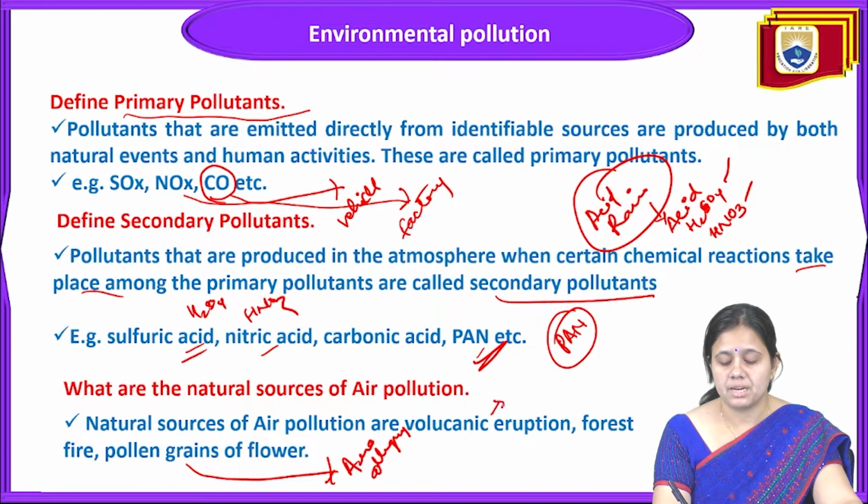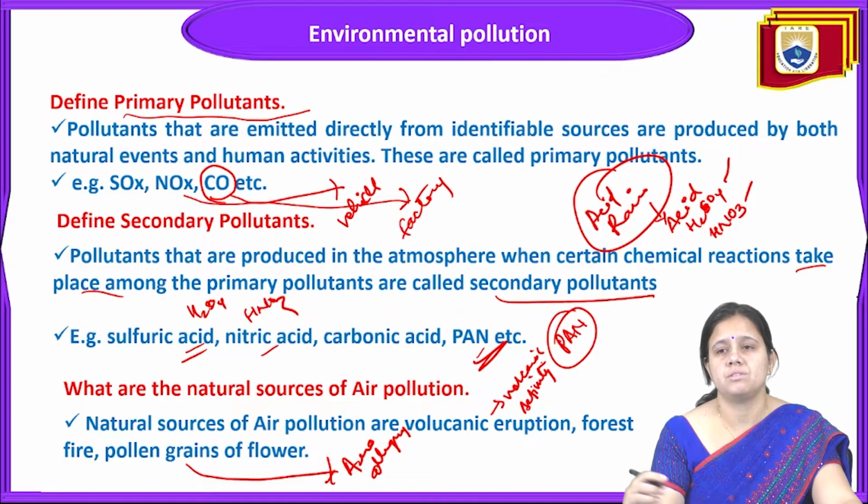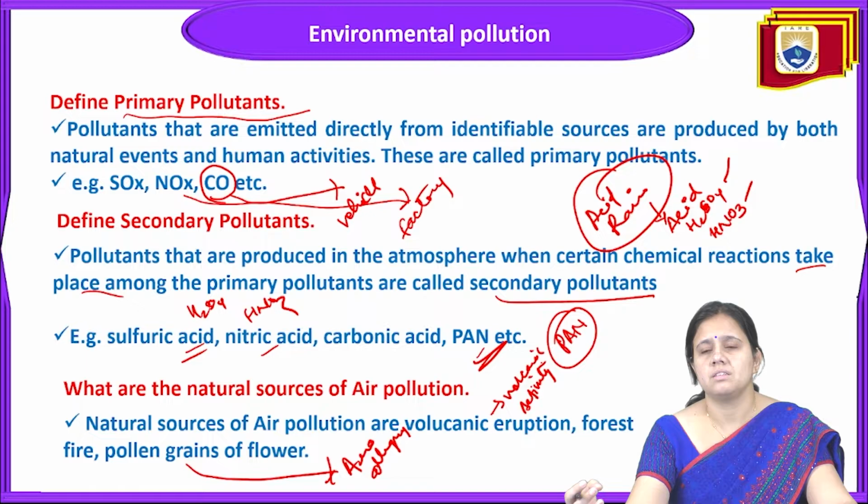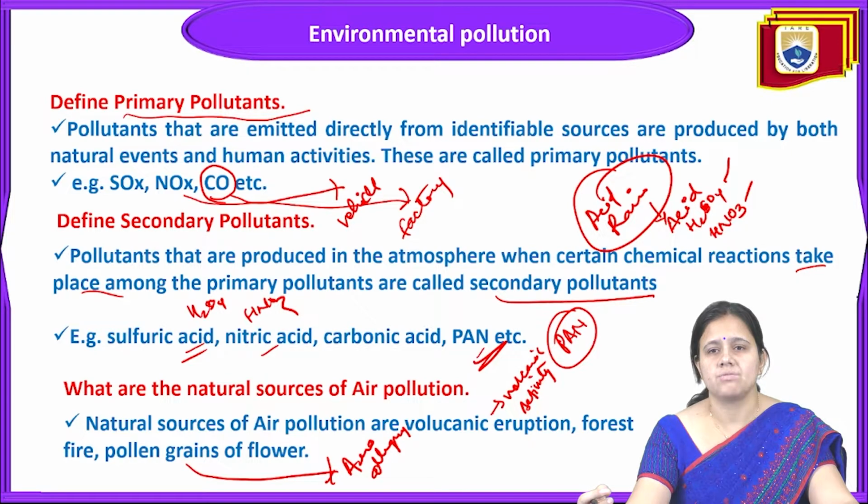Then volcanic eruption, that is volcanic activity, and forest fire. These are the natural things that produce pollution harmful to the air. So volcanic activities, forest fire, and pollen grains of flowers are all natural sources of air pollution.